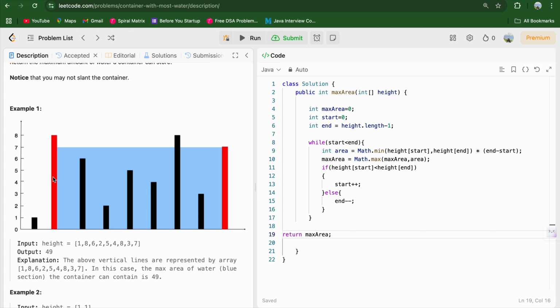So that could compensate for the difference in breadth. We can have a greater height, and so our area would be more. So decrementing the higher boundary does not make any sense, and that's why we go for incrementing this.